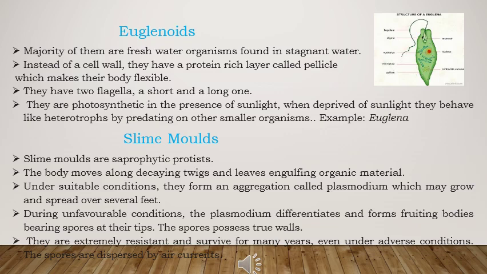During unfavorable conditions, the plasmodium differentiates and forms a fruiting body having spores on the tips. And these spores have two walls on them. They are extremely resistant and survive for many years in any adverse condition. So these are the fossils of the parasites.